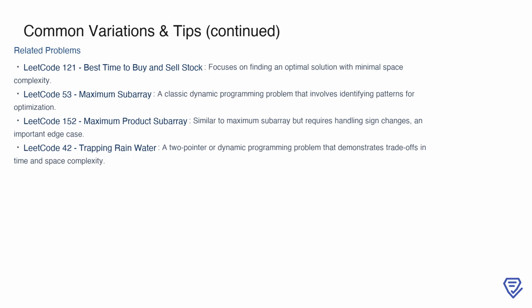LeetCode 152, Maximum Product Subarray, builds on similar ideas but introduces the additional complexity of handling sign changes, which can be a tricky edge case. Finally, LeetCode 42, Trapping Rain Water, is a well-known two-pointer or dynamic programming problem. It's particularly useful for understanding the trade-offs between time and space complexity. Working through these problems will deepen your understanding of common patterns and edge cases.